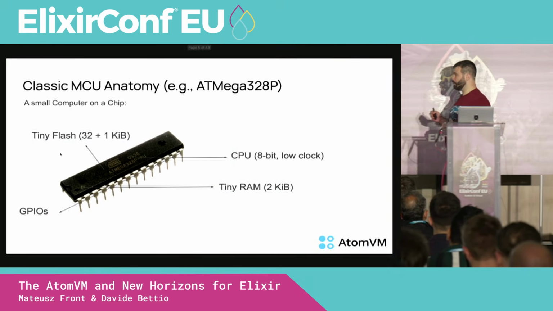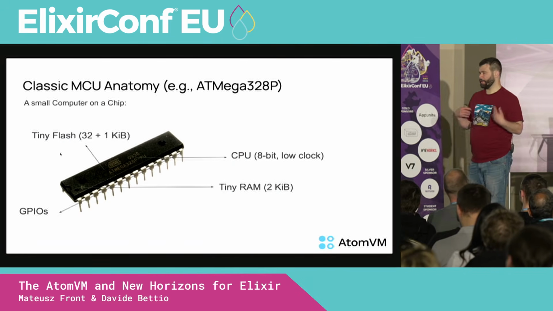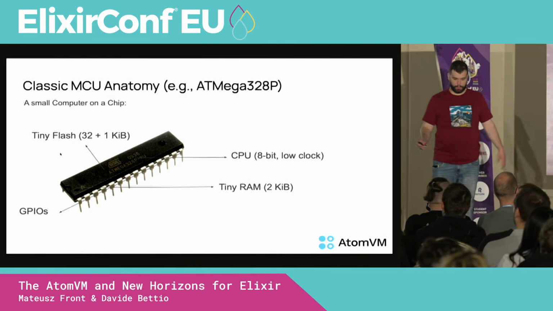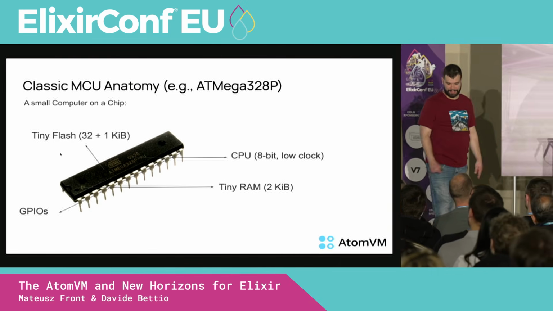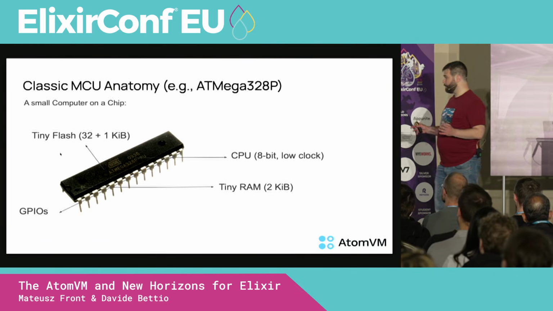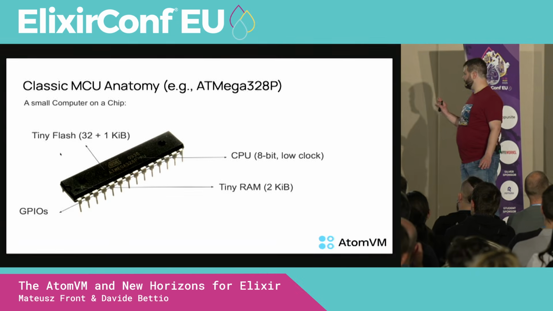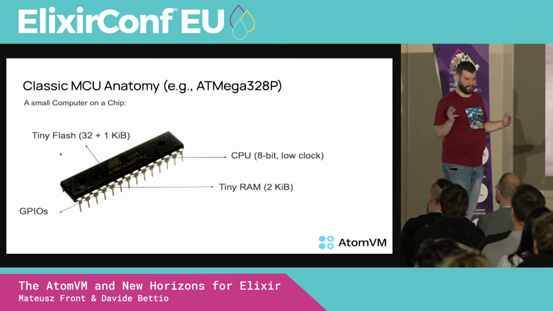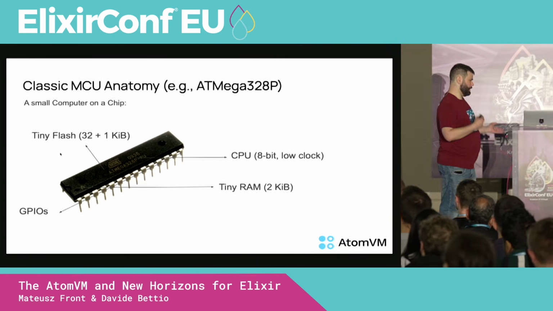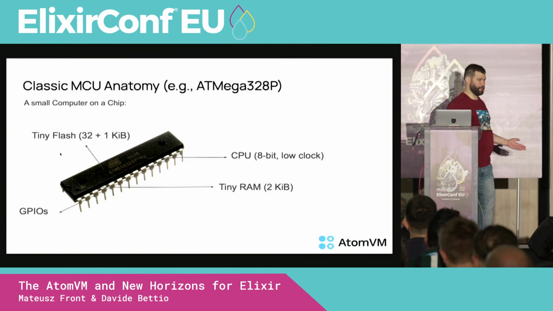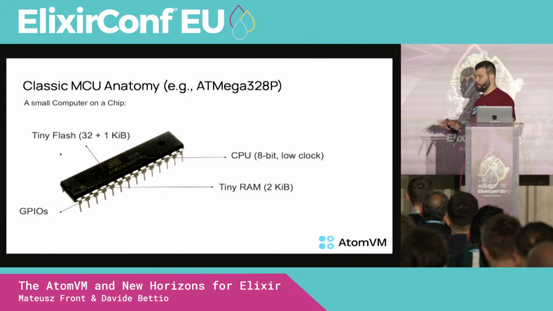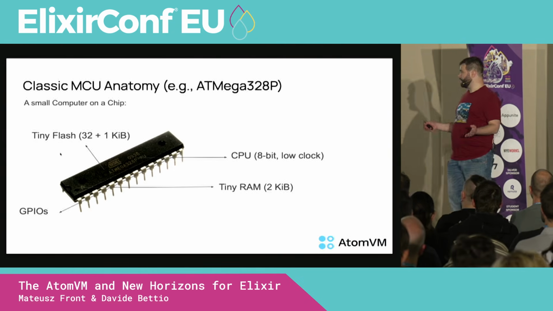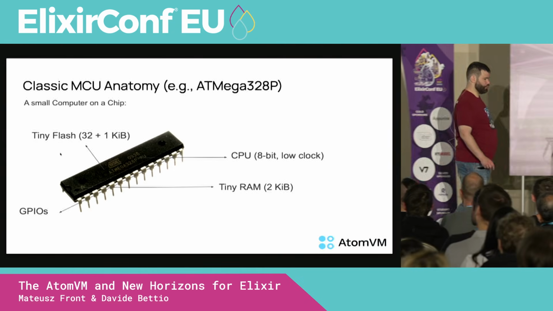If we look at the anatomy of how Arduino works, we realize that it is indeed very limited. Let me say what an MCU is, by the way. MCU stands for microcontroller unit. It is basically a computer on a chip. So you have all the usual resources you need to do actual computing on a very tiny chip.